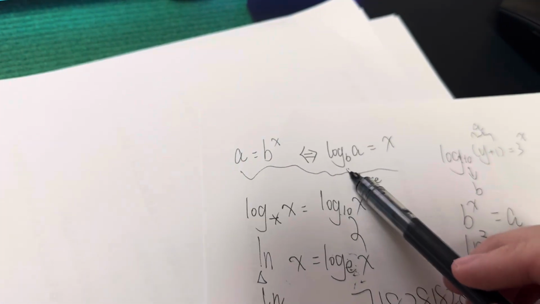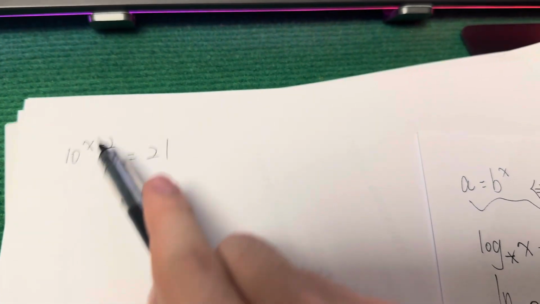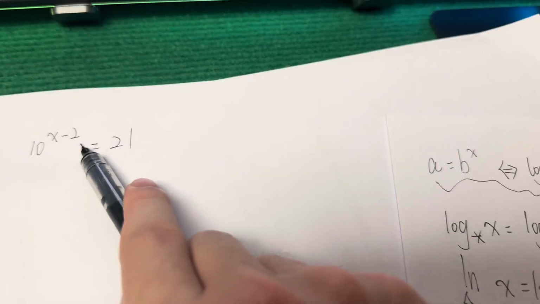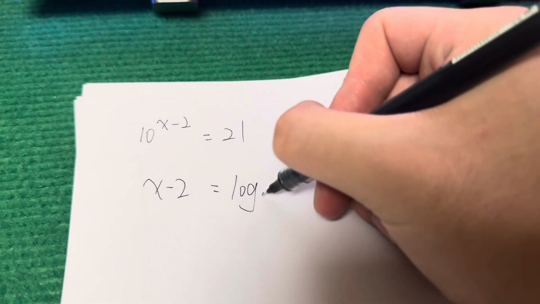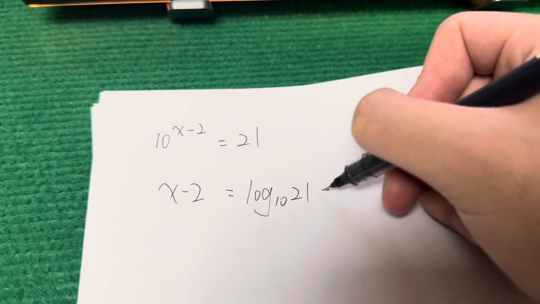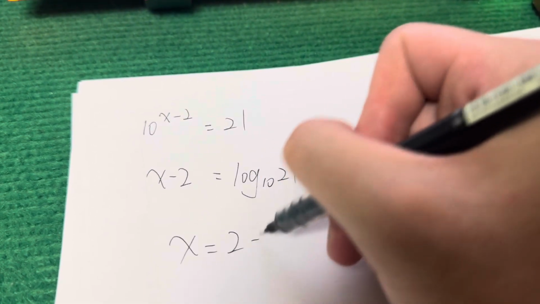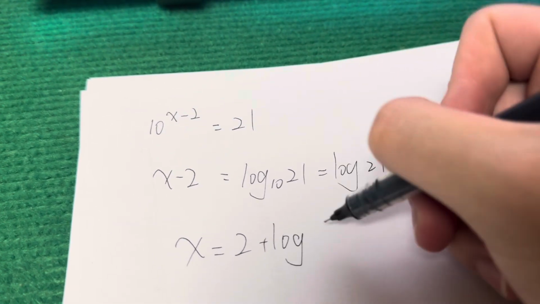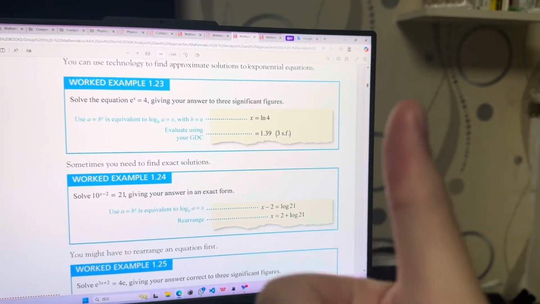So 21 is A, 10 is the base b, and x minus 2 is the x. So x minus 2 is equal to log 10 of 21, which can be written as log 21. Then x is equal to 2 plus log 21. Okay, the answer is the same, so we are geniuses. If you can do it by yourself, you are genius pro max.